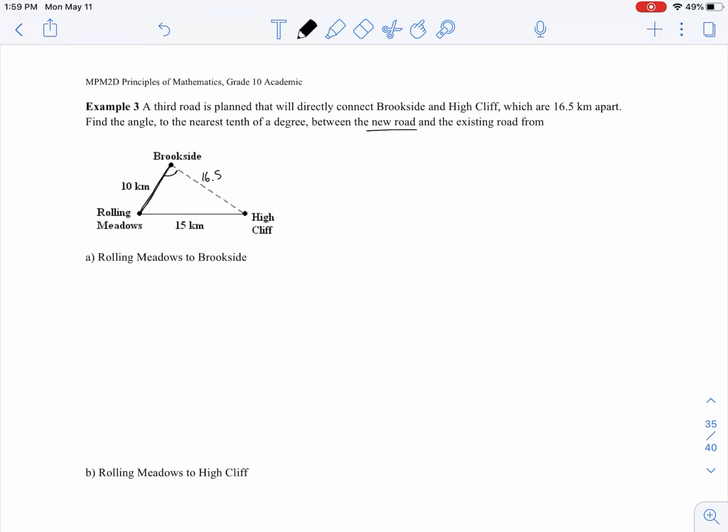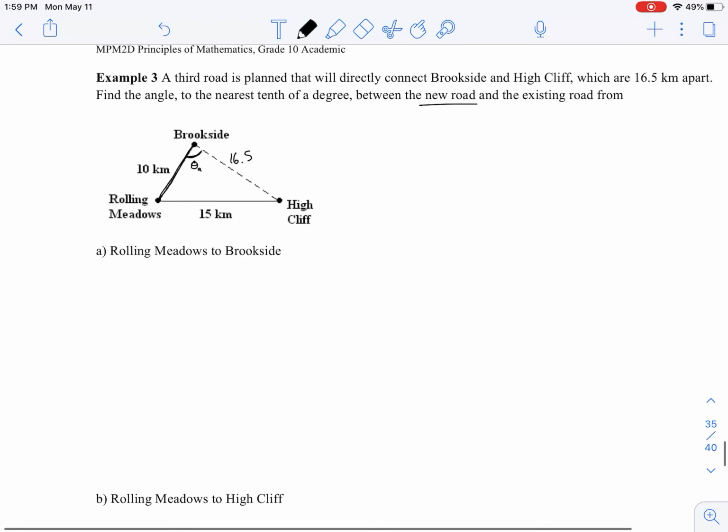So essentially they're looking for this angle. Let's call that theta A. We're going to solve for theta A is what we're looking for. So we want to solve for an angle in a triangle that we don't know any angles in. So we're going to have to set this up using cosine law to solve for a missing angle.